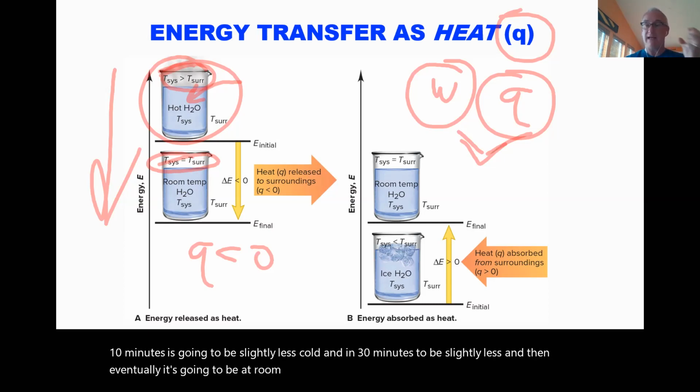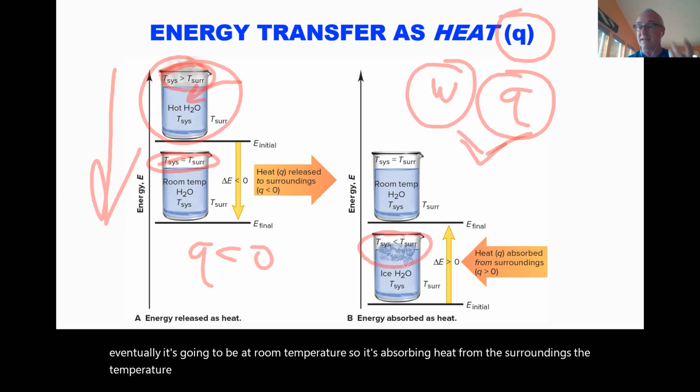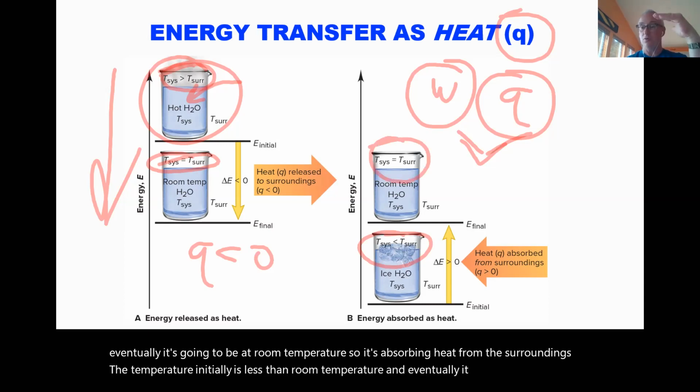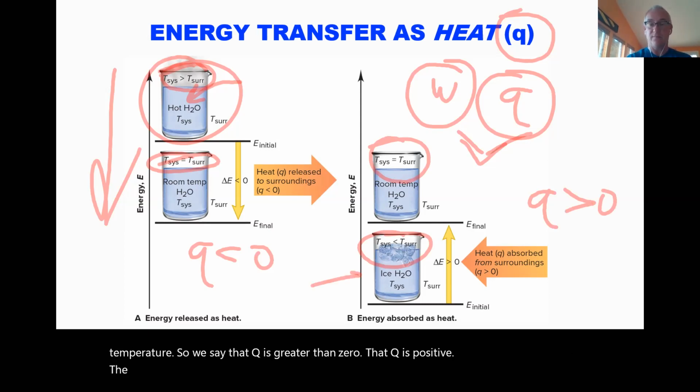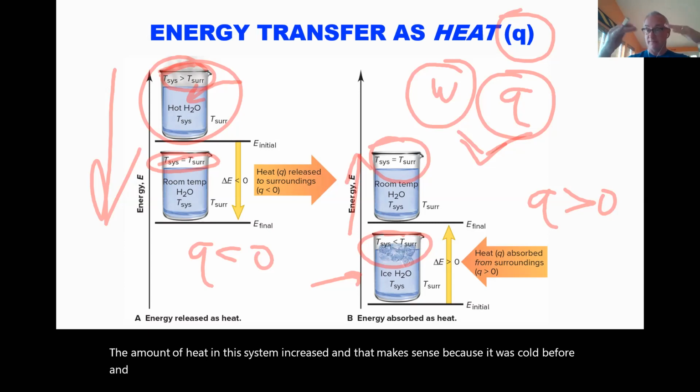The temperature initially is less than room temperature, and eventually it will go to room temperature. So we say that Q is greater than 0, that Q is positive. The amount of heat in this system increased, and that makes sense because it was cold before and now it's warmer. Obviously, there's more heat in there.